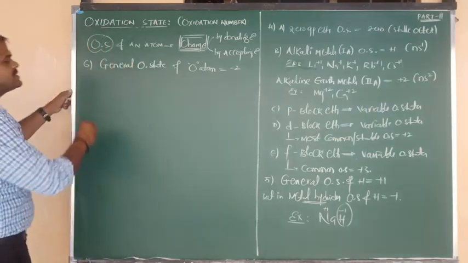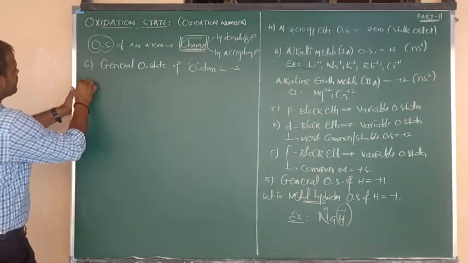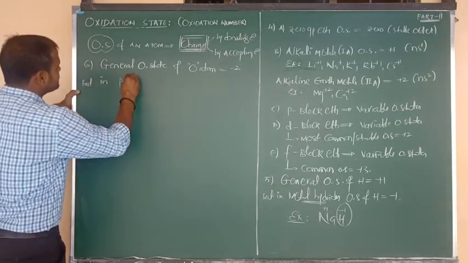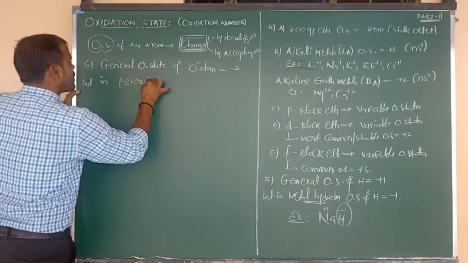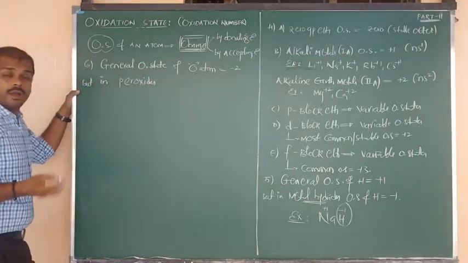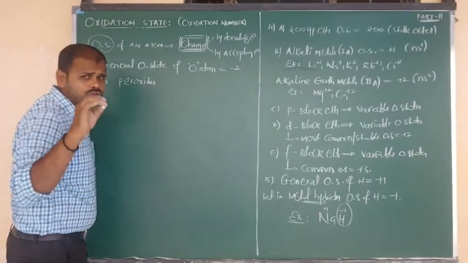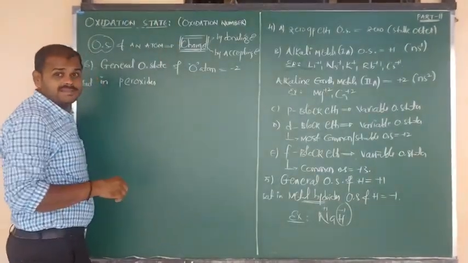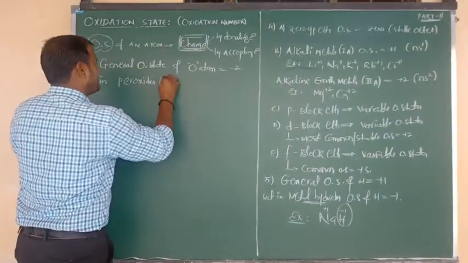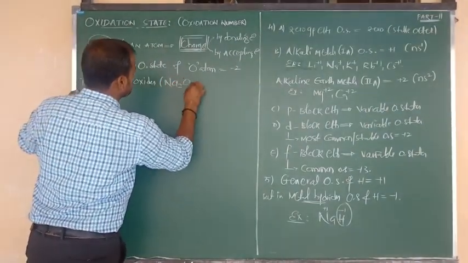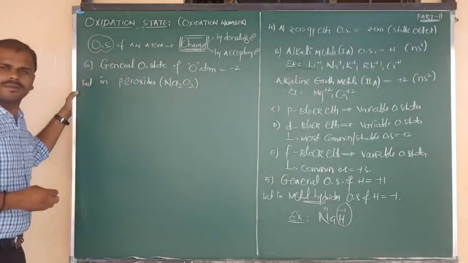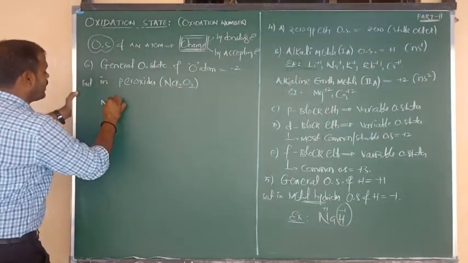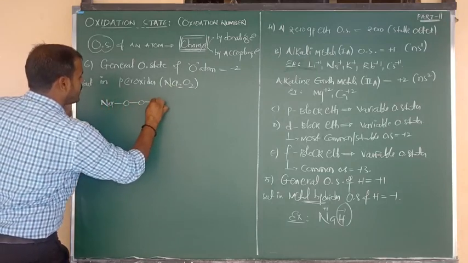So what are the compounds we have to discuss? I am going to show that. But in peroxides, what is the formula of peroxide? I am going to give you one formula. Suppose sodium peroxide. What is the formula of sodium peroxide? Na2O2. Two sodiums are there.